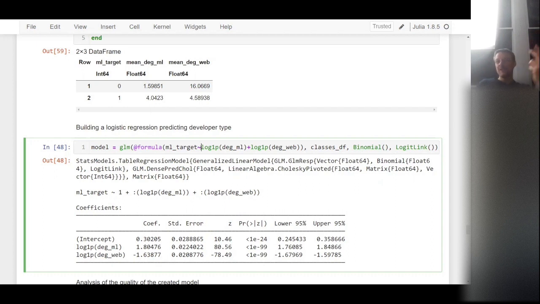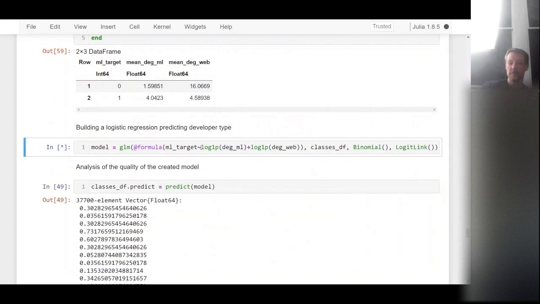And I want this information to be inflated to have higher information value. And this is exactly what logarithm gives me. For small values, small differences are important. For large values, I need much larger differences to keep them equally important. So that's why I built this model with logarithmic transformations.